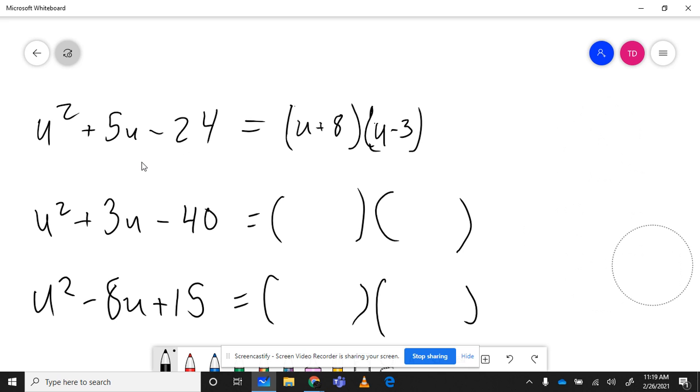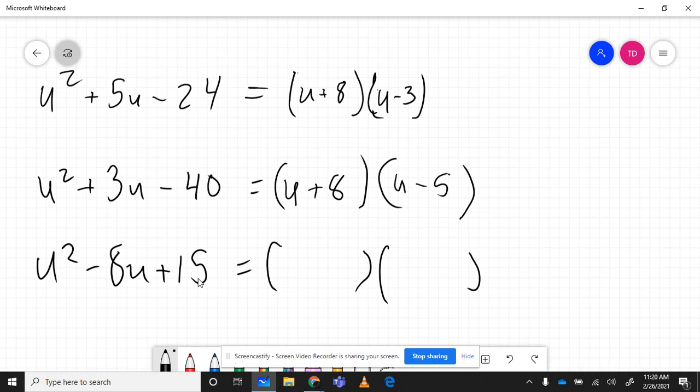Okay, the next one, two numbers that multiply to make 40 that are 3 apart. So that should be, well, we'd have 10 and 4, we'd have 8 and 5, I think would do the trick. We want more positive ones overall, so we're going to have u plus 8, u minus 5. Over here, we're going to have u squared, negative 8u, 15.